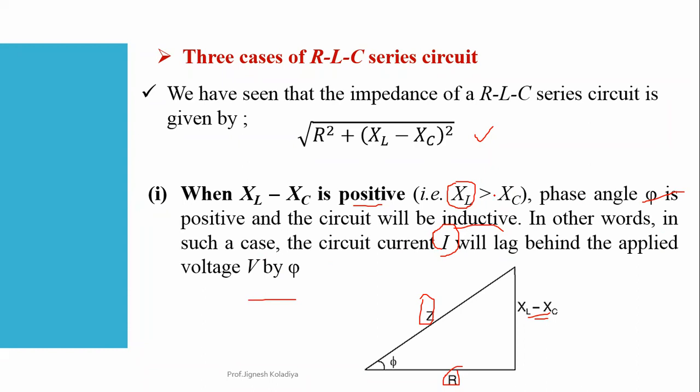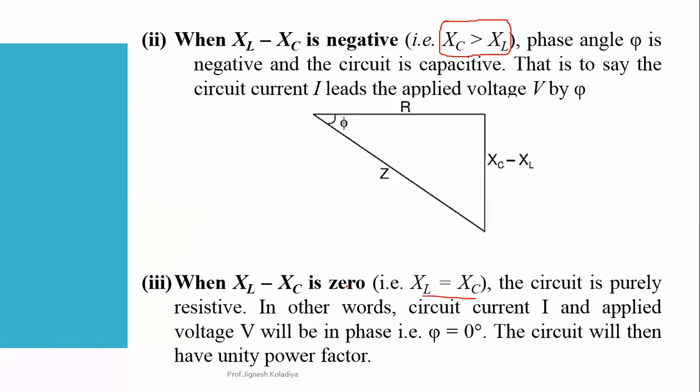If XC is more, meaning the capacitive reactance or capacitive part is higher than the inductor, then you can understand that phase angle phi is negative, right? Then current is leading with respect to voltage if XC is more.